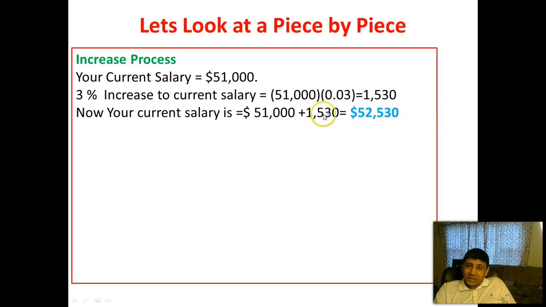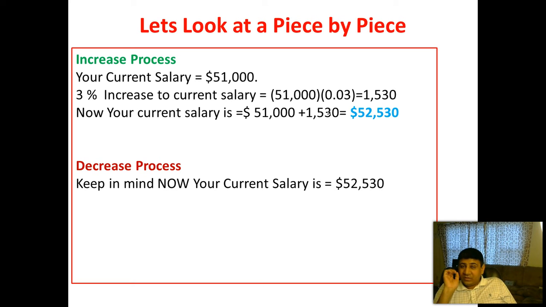Now when they realized, hey, it was a mistake to give you a raise, we are going to take away 3% from your current salary. Now the key here is the current salary. Before we do any math, remember that your current salary now is this one here, already calculated: 52,530. Now they want to decrease it.